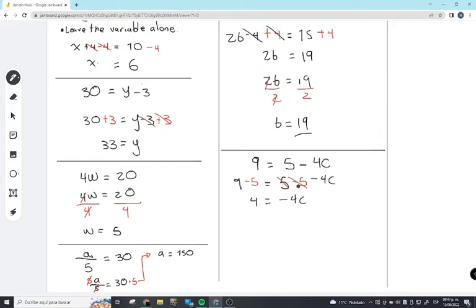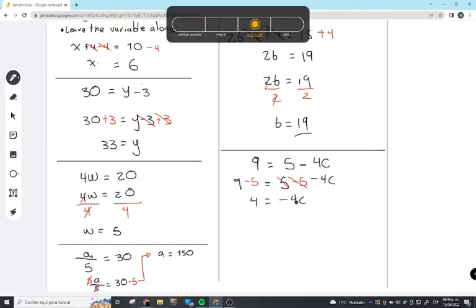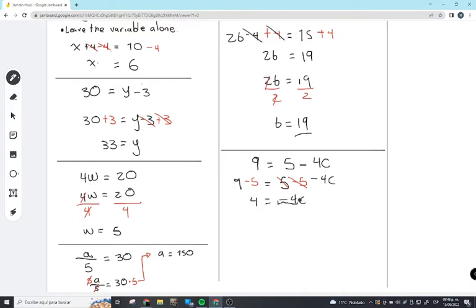Now we have to get rid of this negative 4. But be careful, because you may think, teacher, the 4 is negative, so we have to get rid of it by subtracting, sorry, by adding. But that's not true in this case. Because, yes, the 4 is negative, but what operation is it doing to the c?